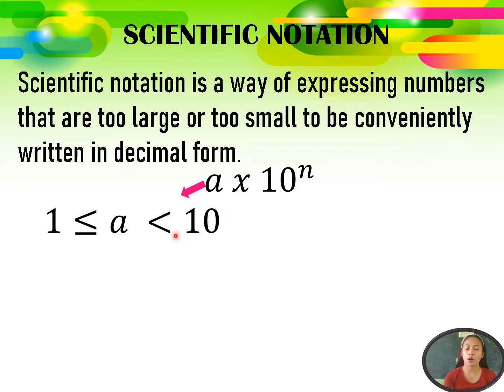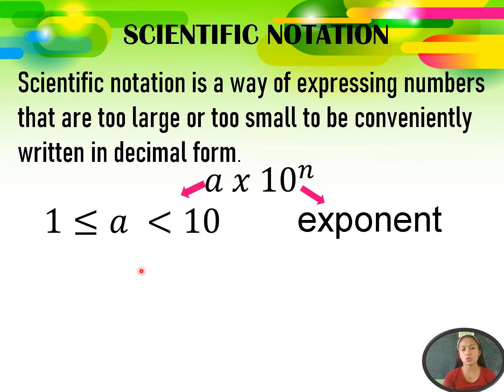So it's okay when it's 9.4, 9.5, 9.9, 9.9995, as long as it will not reach 10 or more. And then we have here, this 10 is a constant, and this n is the exponent.